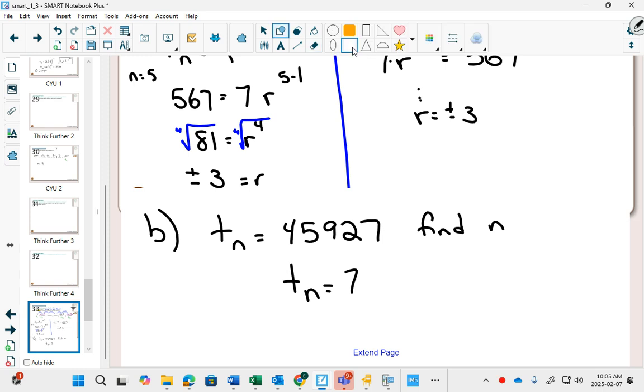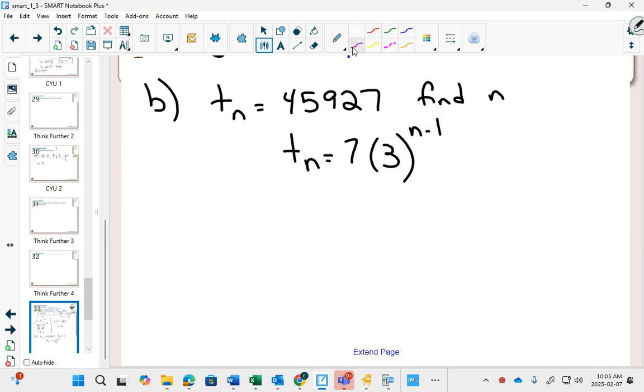R is 3 or negative 3. In this case, because this is a positive number, it's not going to be wrong if we use positive 3 to the n minus 1. So I plug in 45,927 for Tn.